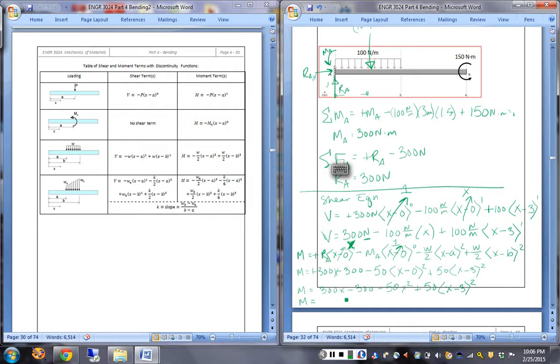Sorting in increasing powers of x: minus 300 plus 300x minus 50x squared plus 50 x minus 3 squared.